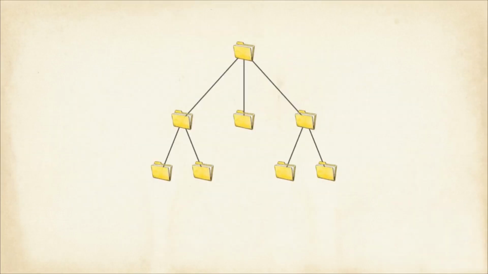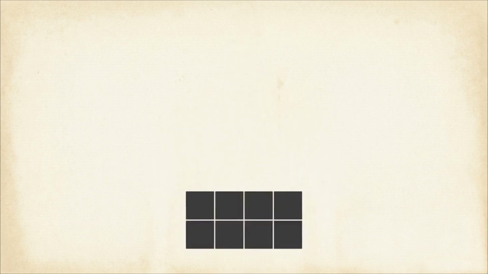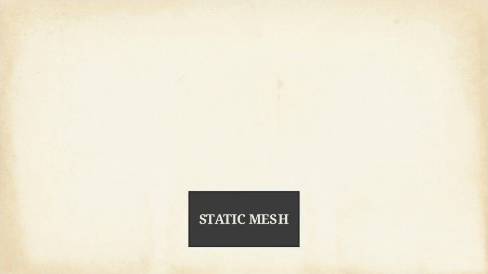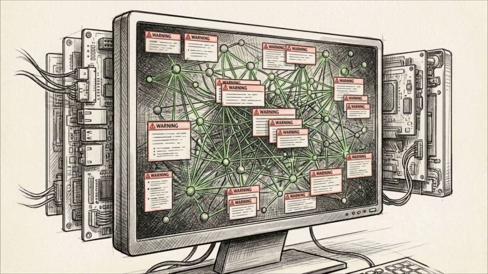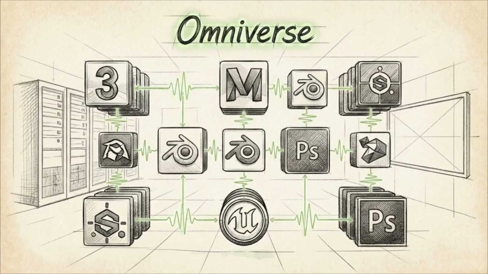Node networks break down and component trees collapse into rigid, unusable static meshes. Pushing highly detailed digital twins through these linear, destructive handoffs guarantees technical debt, making it nearly impossible to scale up large enterprise interactive systems. This exact interoperability failure is the problem NVIDIA's Omniverse platform was built to solve.